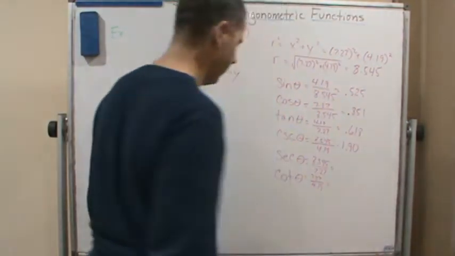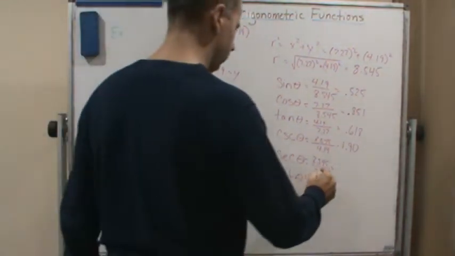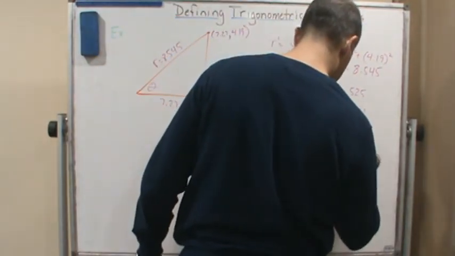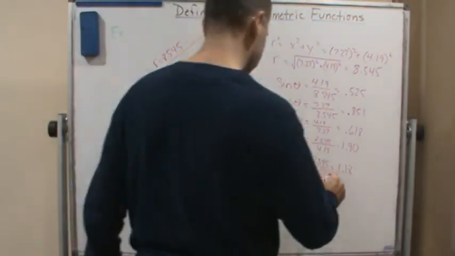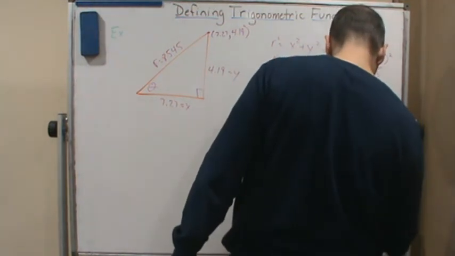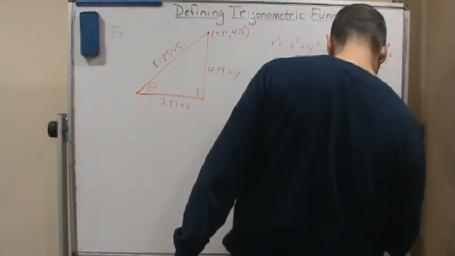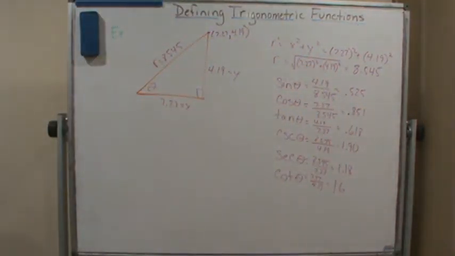Secant, 1.18. And then of course cotangent is 1.62.